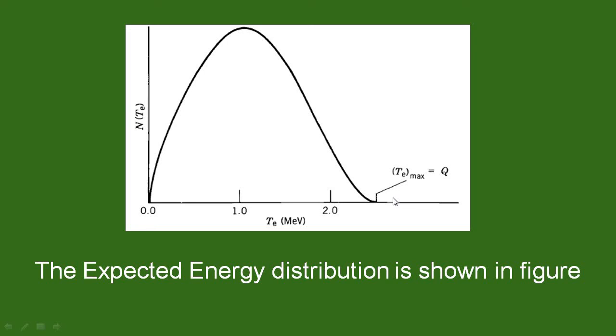So that is the energy distribution for electrons. But from theory, you are getting a curve like this. So there is some discrepancy between the theory and your experiment. But if you are taking the energy spectrum of beta plus, that means positrons, it will be almost like this.